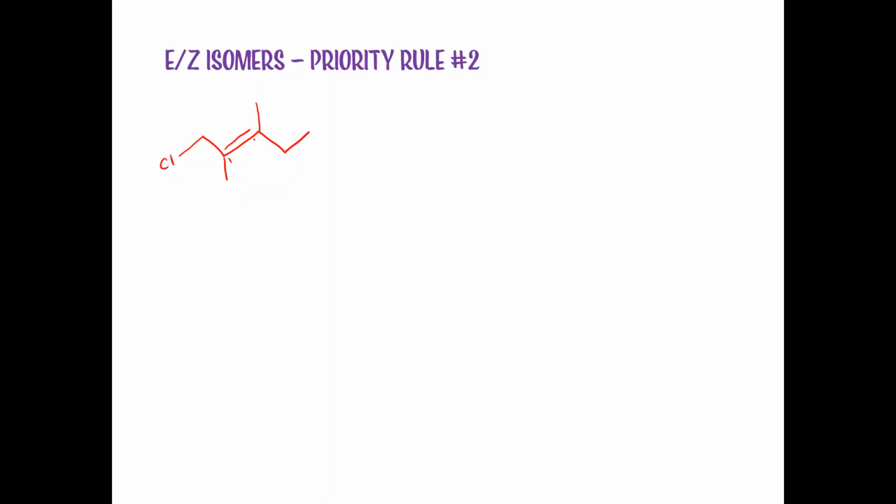Let's say this is carbon 1, carbon 2. Carbon 1 pointing down is a methyl group. The part pointing up is a CH2Cl group. On the other carbon, you have a methyl pointing up, and you have an ethyl, which is CH2, CH3. So this is up, up, down, down.